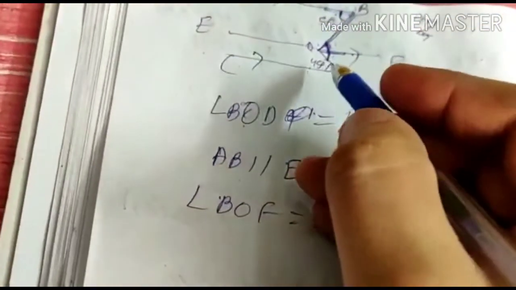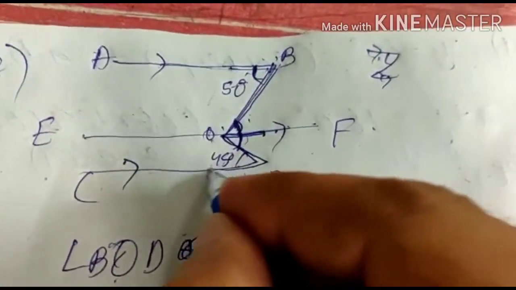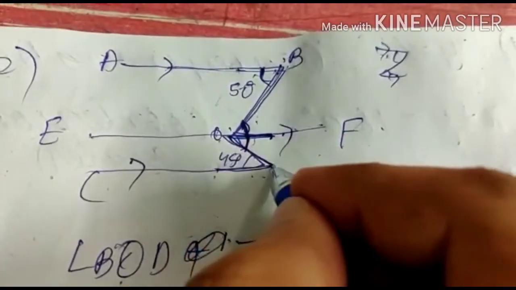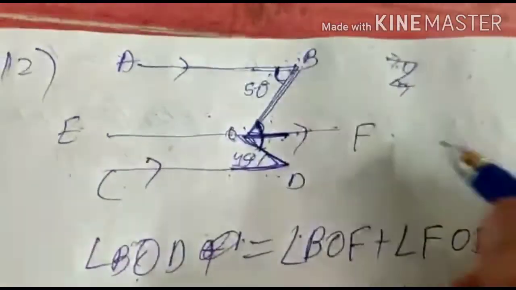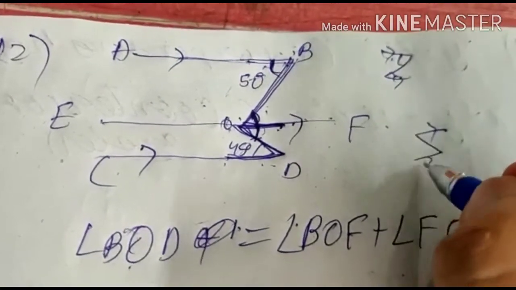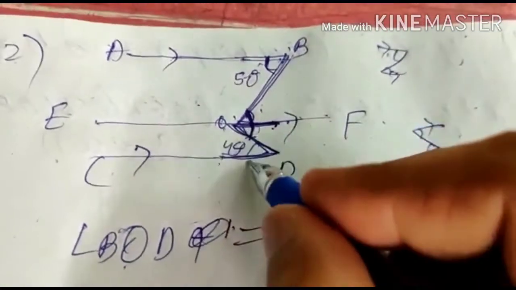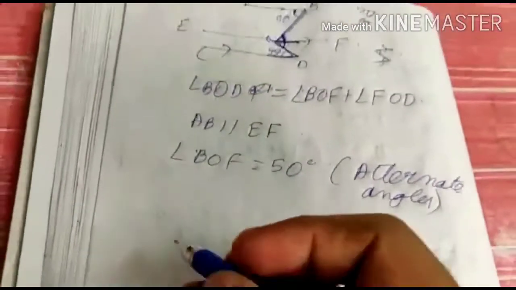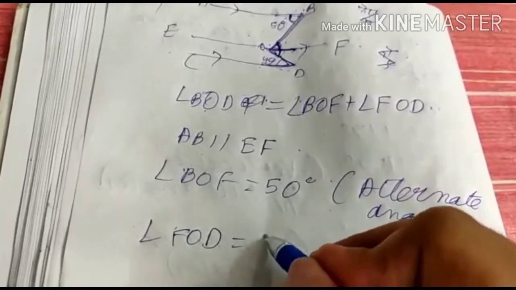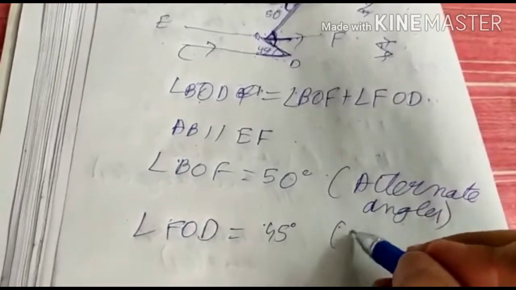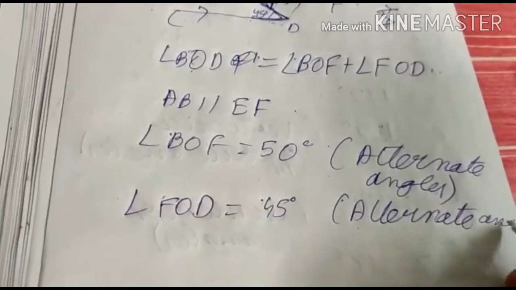How? Alternate angles. Whenever there is a formation of Z, these are alternate angles. Then the second part here: this is also forming a Z. So this is 45 degrees and this too will be 45 degrees, since these lines are parallel. So angle FOD equals 45 degrees. How? Alternate angles.